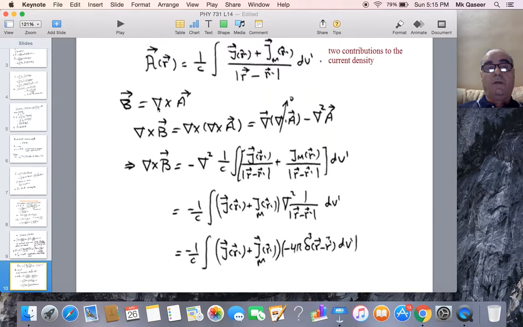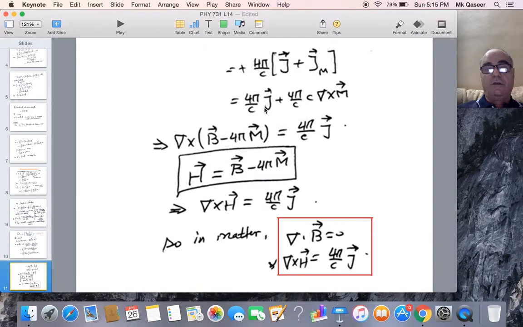But we know that B equals curl A, so we have to take the curl of this, and using divergence A equals 0 and this identity here, we get this for curl B, which is minus Laplacian of 1 over c times this thing. We push the del squared inside, del squared of 1 over |r minus r prime|, which is minus 4 pi delta of r minus r prime, and then evaluate the integration. We get 4 pi over c times J plus J sub M.